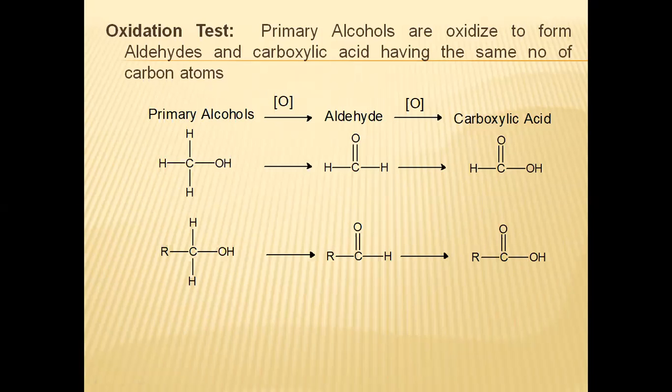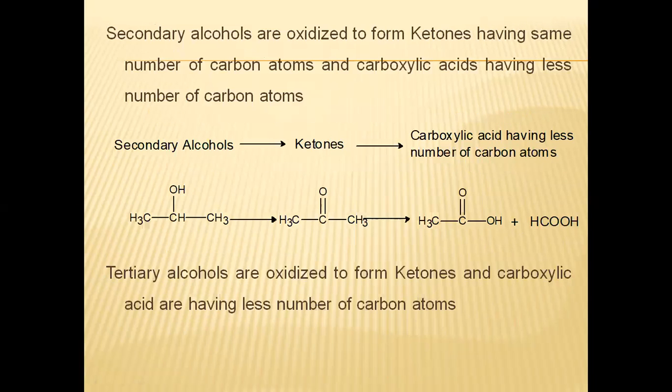Secondary alcohols give ketones, which on further oxidation give carboxylic acid with fewer carbon atoms. But tertiary alcohol does not.